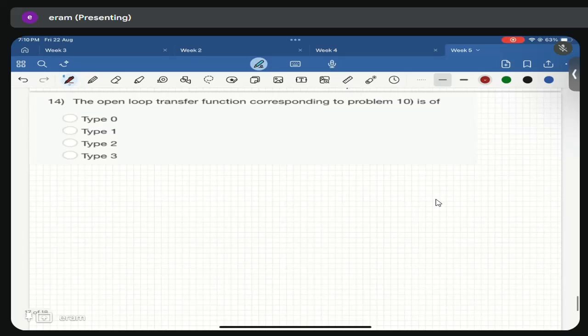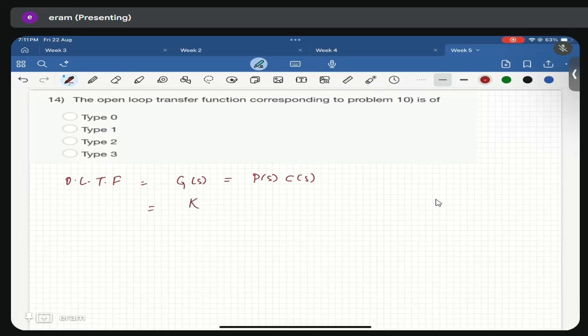First, tell me what is the open loop transfer function? It is nothing but G of S C of S. So H is 1, so it is just P S into C S. And we have already calculated it as Kp by 2s minus 4.